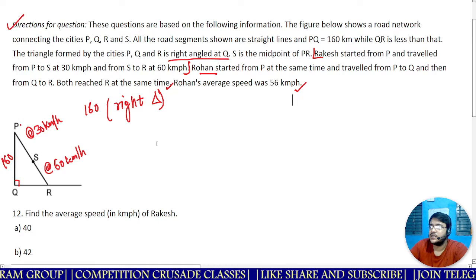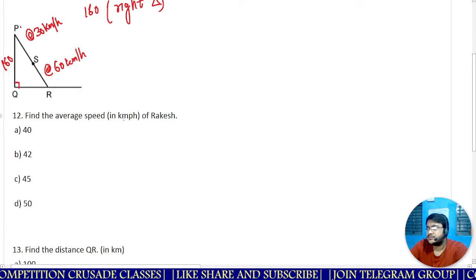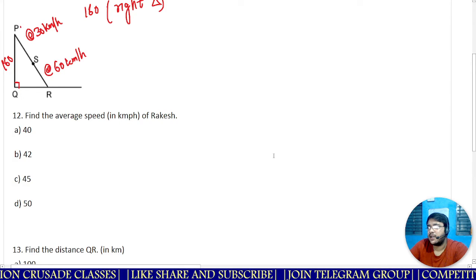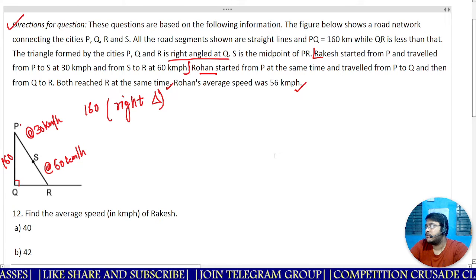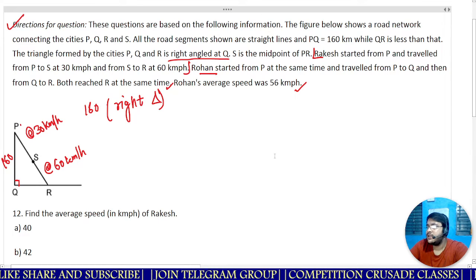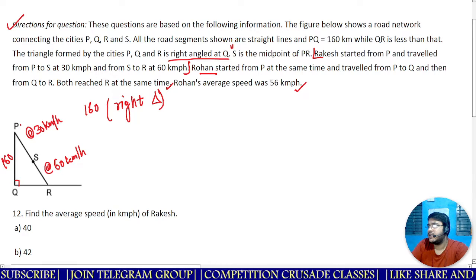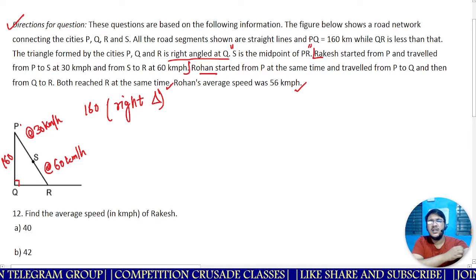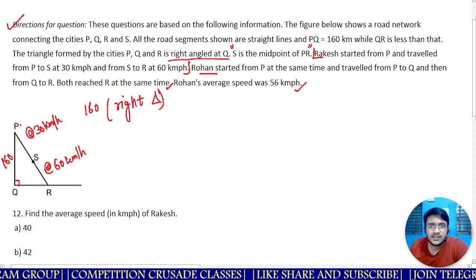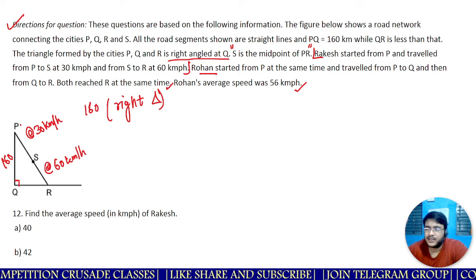The first question that has been asked is: find the average speed in kilometers per hour of Rakesh. Now, I haven't highlighted it, but S is the midpoint of PR. Actually this was something that they should not have given, but giving this information solves the question in its entirety.